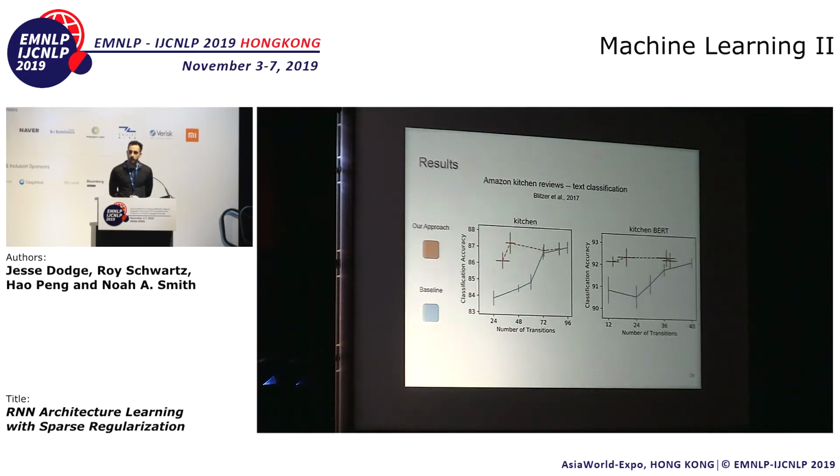We also ran these experiments with frozen BERT embeddings, and we found a similar story where our approach outperformed our baseline. So the takeaway here is that learning the structure allows us to retain high performance even with sparse, efficient models. These results hold in other tasks that we evaluated on in our paper. You can check there to see more.